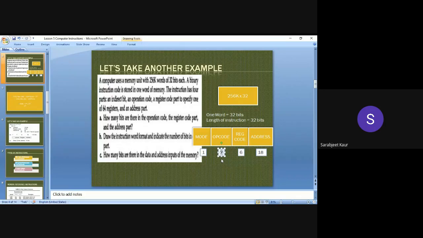Students, how many bits did you get? 7. How did we get this? Because the total length is 32 bits, and 18 plus 6 is 24, plus 1 is 25. 32 minus 25 is 7 bits. Is this clear to everybody?